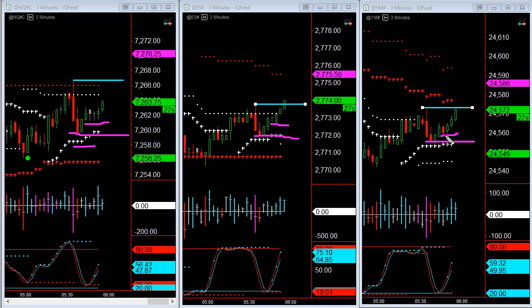Initially your stop would be below the ATR, and that would be the ATR that's closest to price, which is the white one. And now you're actually setting right below this low, because that was the last bar that had formed. Just a really easy way to walk the lows upward as you are long.